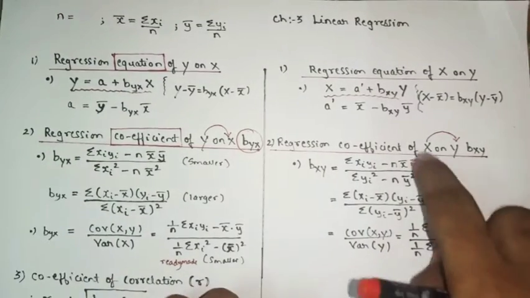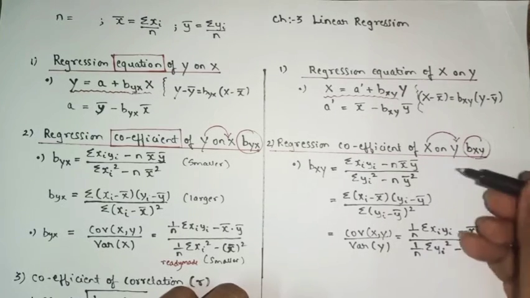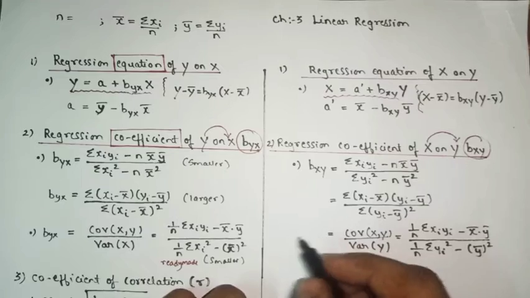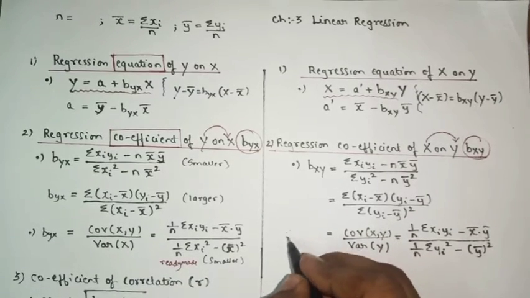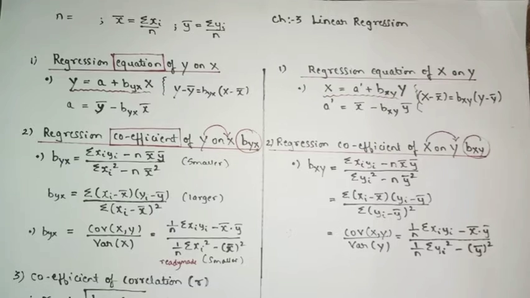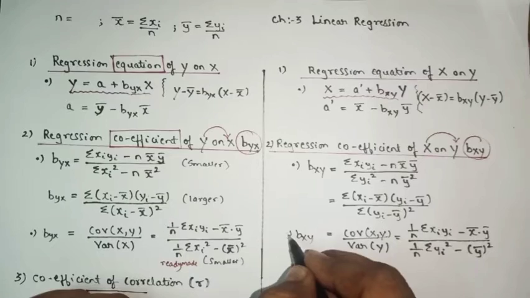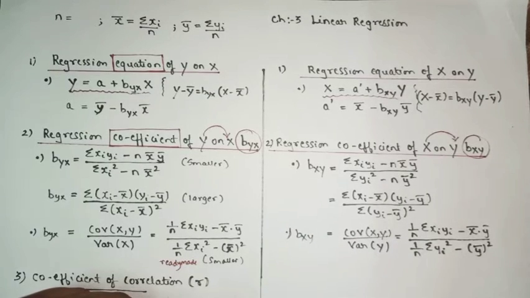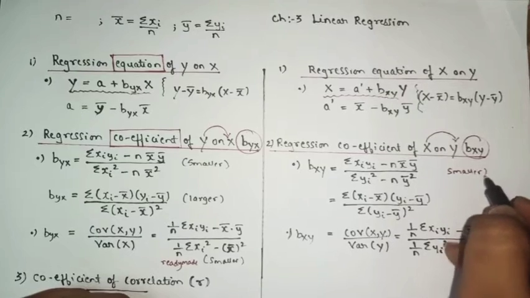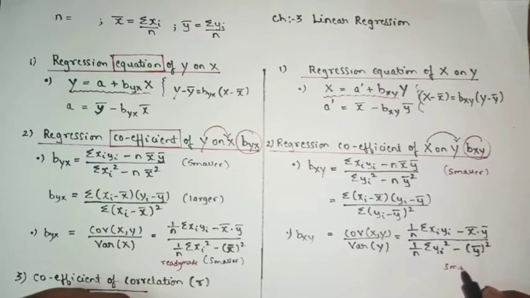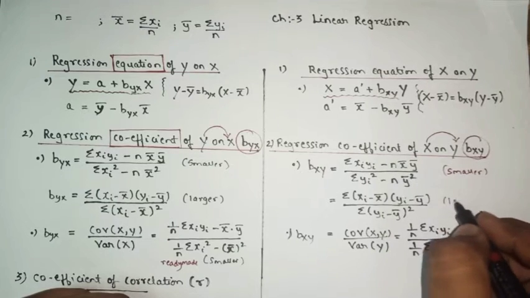Here also for x on y, when you find bxy, first and third you will apply for the smaller values, and the second one for the larger.